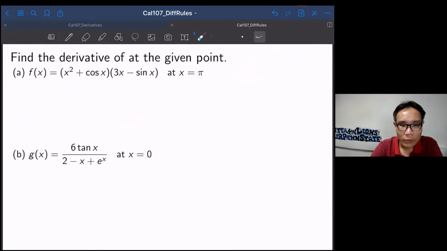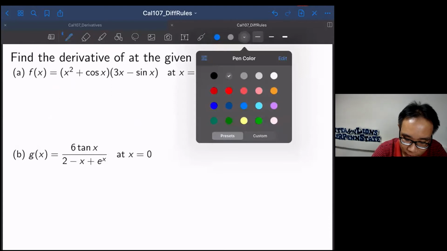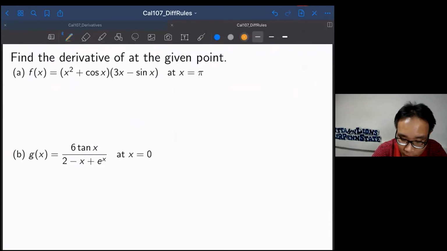In this case, we're going to first find the derivative, so we differentiate first, and then put x equal to a into f prime x.